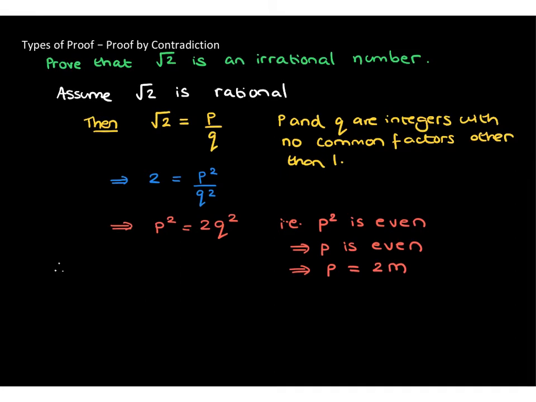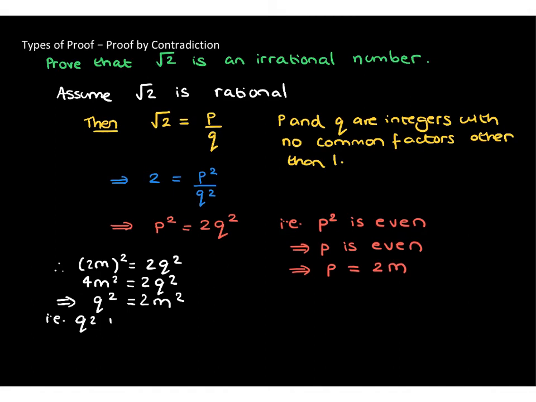Now, if p can be written as 2m, then I can say that 2m squared is equal to 2q squared, or 4m squared equals 2q squared, which tells me that q squared must equal 2m squared, which tells me that q squared is even, which tells me that q is even, which means I can write q in the form 2n, because it's an even number.